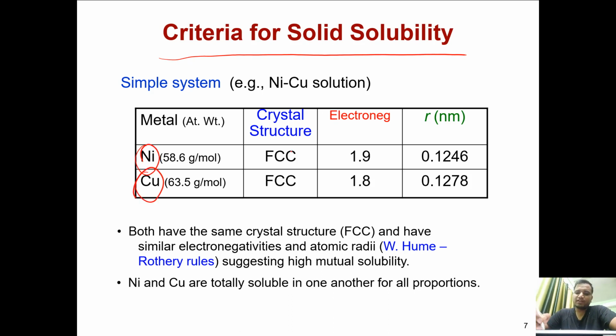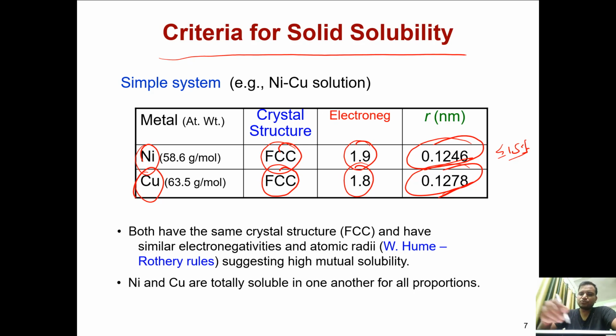If you see, they both have FCC and FCC, so it has the tendency. If they also have the same kind of electronegativity, then also it is soluble. And if the atomic radius difference is less than 15%, so here you can see that these are very close, so that will be definitely less than 15%. Okay, so these two have very high solubility in each other.